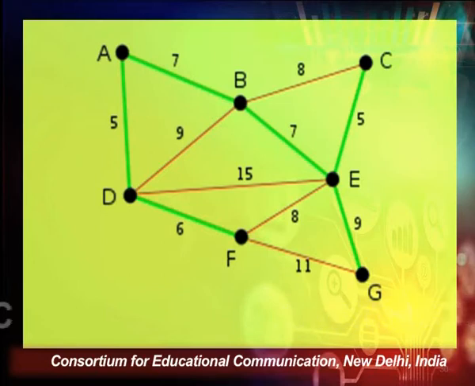Then we have BE, then we have CE, DF is already there, and then we have EG. So basically 6 edges, and we are done with our minimum spanning tree. So in this way the Kruskal algorithm operates.